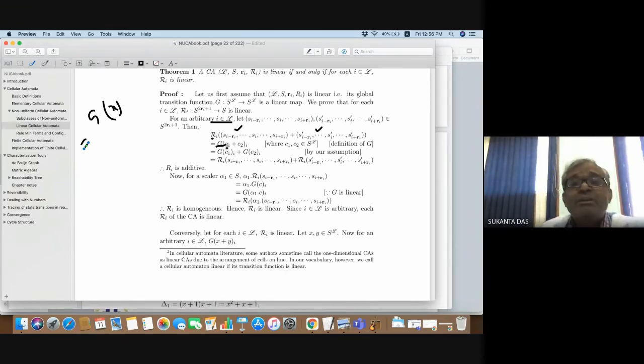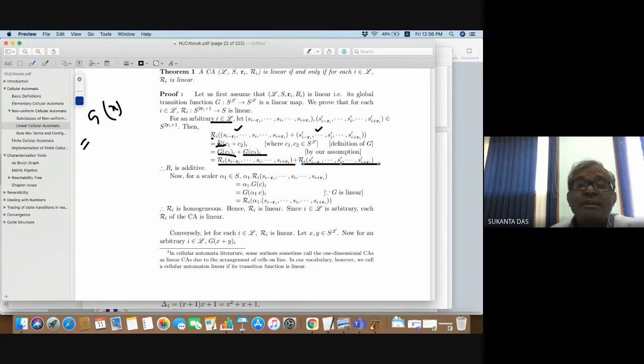So from this I get g of c1 plus c2, two configurations. Since g is additive, as I have assumed, I can write g of c1 at i plus g of c2 at i. Now g of c1 at i, if I expand again, gives this one plus this one.